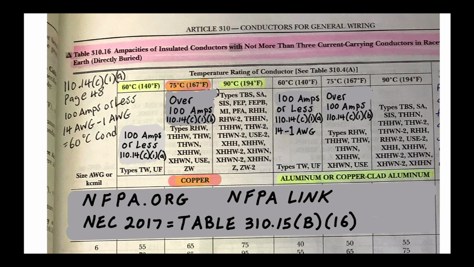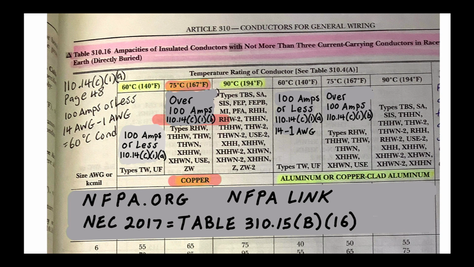Here we have 75 degrees C, and that's going to be over 100 amps. The code reference is 110.14(C)(1)(b), and that's over there. Again, if we don't tell you what material this is, it's copper. But if I tell you it's aluminum, then it's going to be aluminum.